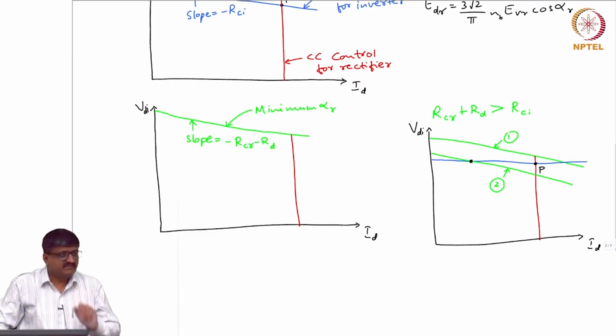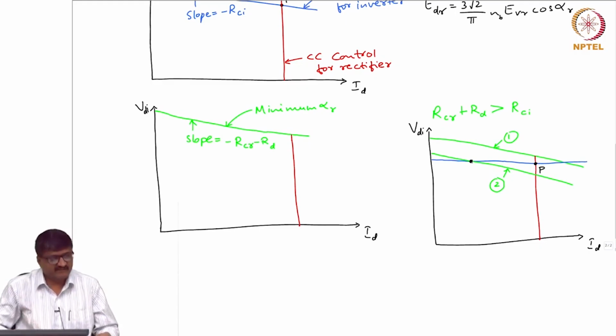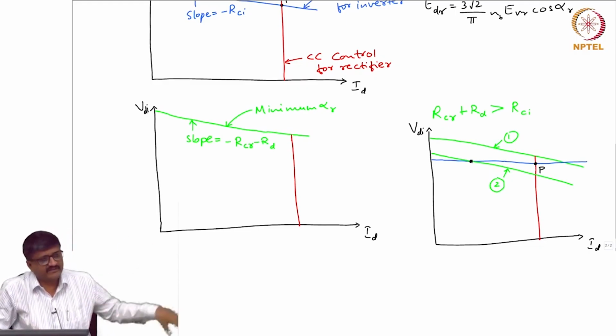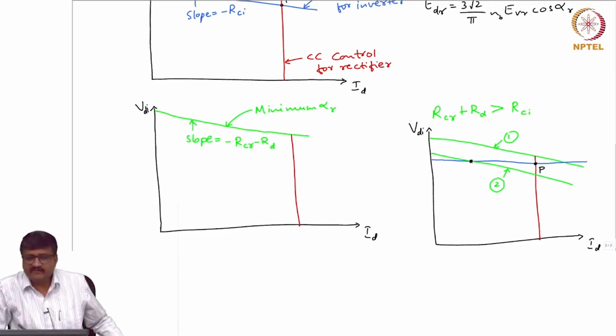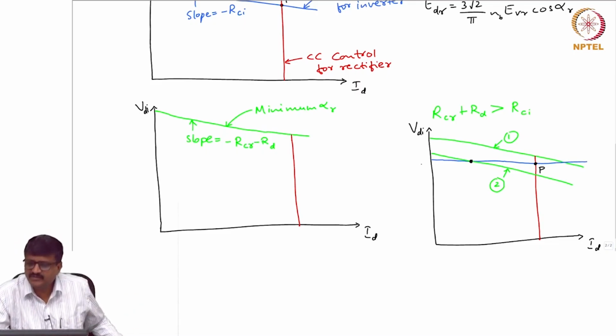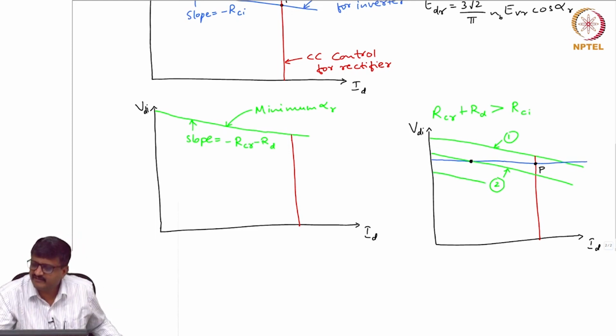Suppose this happens. Now, if this condition worsens, that means the voltage goes further down, then the minimum alpha R characteristic will be even lower. Suppose it goes to a situation where this blue and green also do not intersect. So this is 2.